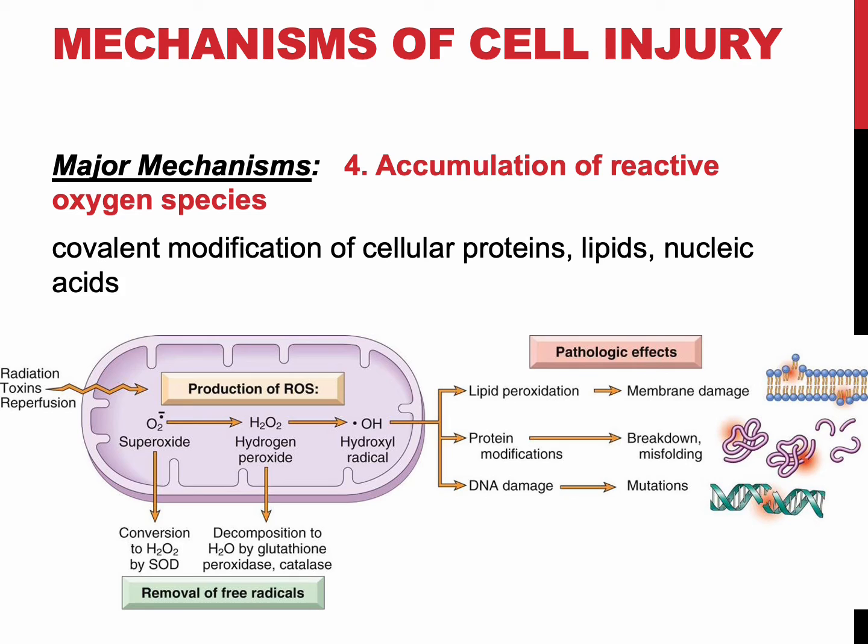It will also affect proteins, so you can have protein modification, which can lead to breakdown and misfolding of protein, and you can also have damage to the DNA from these reactive oxygen species, leading to mutation, and again, that can also lead to cell injury.